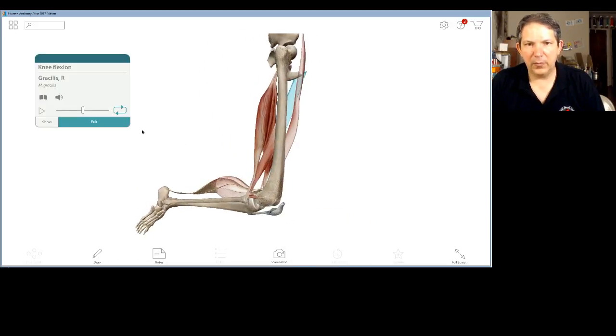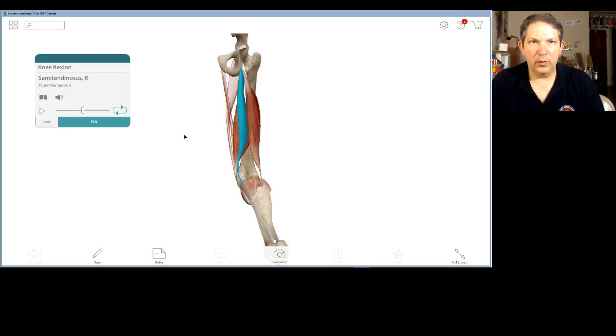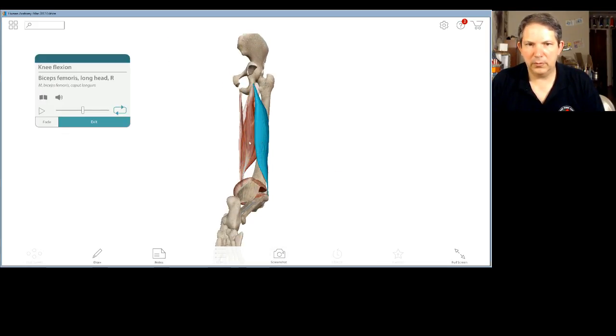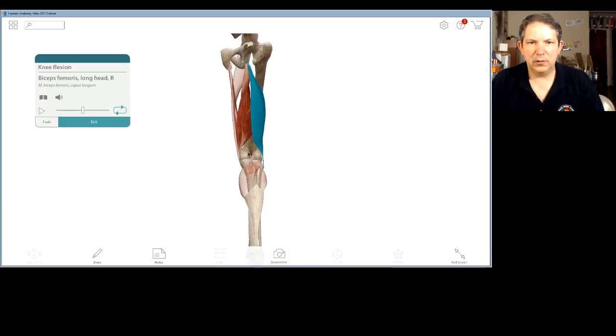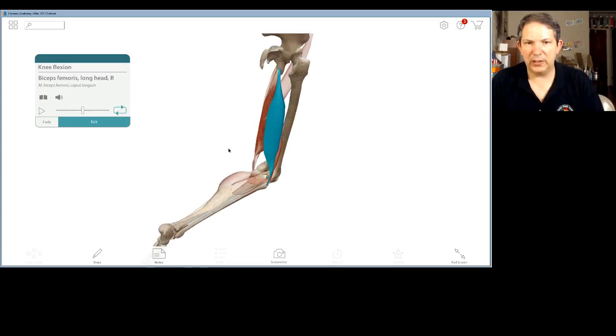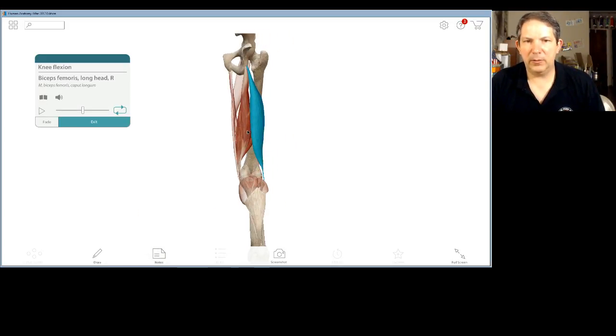The main muscles for flexion of the knee are your three muscles back here together. The biceps femoris, because we have a biceps brachii, and this is biceps femoris, and then your semitendinosus and semimembranosus.